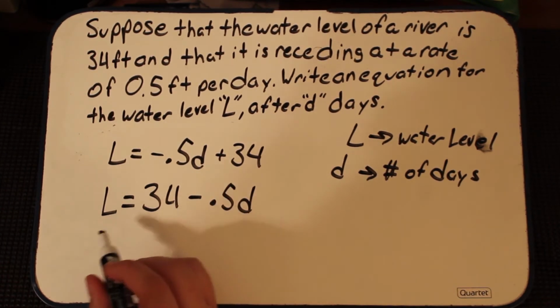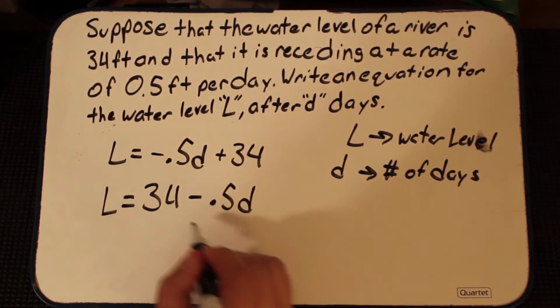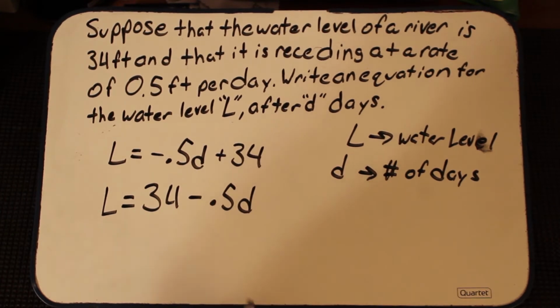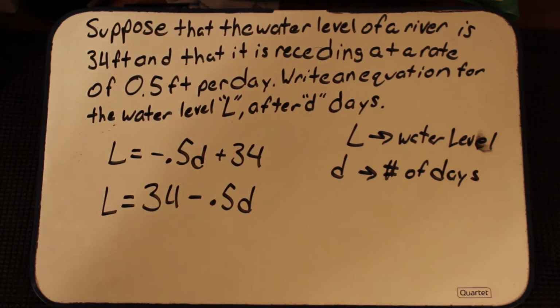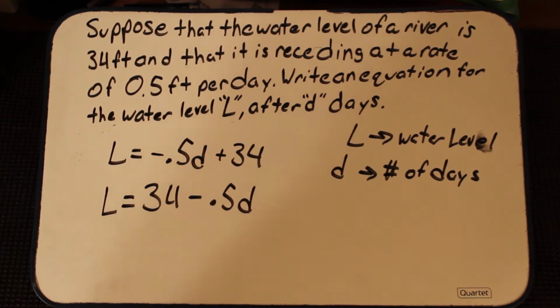And you can do the same thing here. Our water level equals the initial water level minus half a foot times the number of days, or minus 0.5 times D. That's how you want to approach these problems. It doesn't matter what variables they give you, as long as you define them, tell me what they are, and just be consistent and know what you're using when. That's why you define them. So that's how you go about approaching these things.